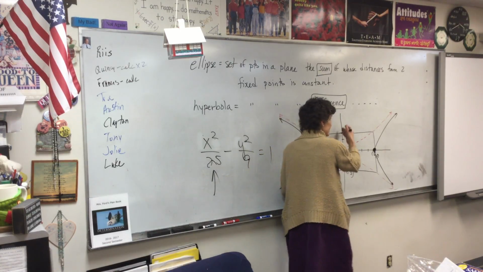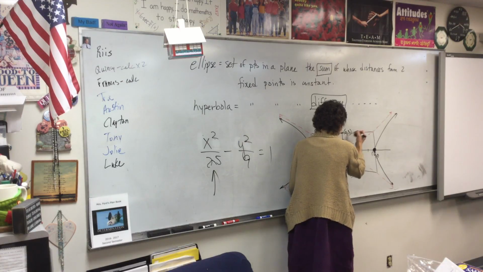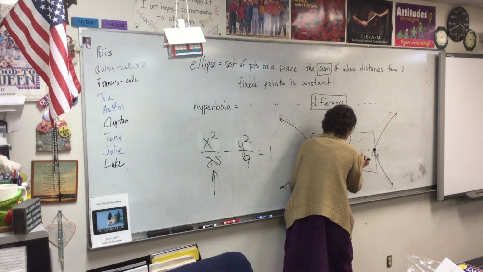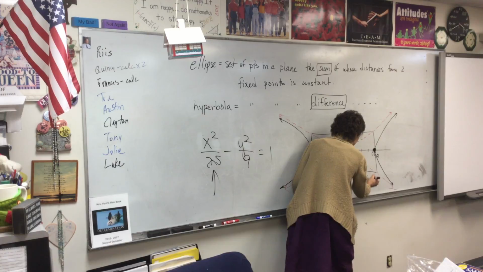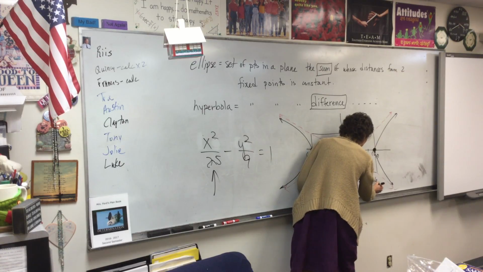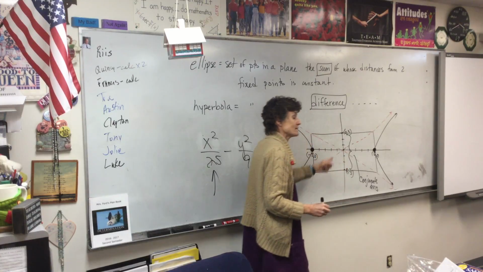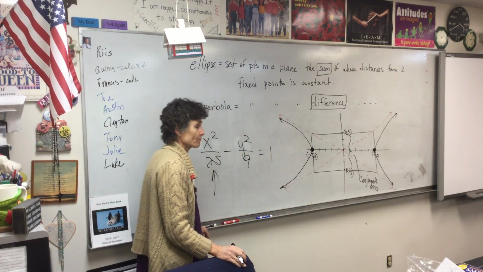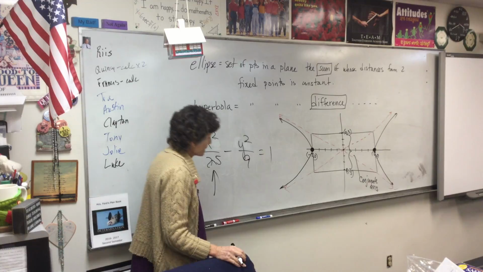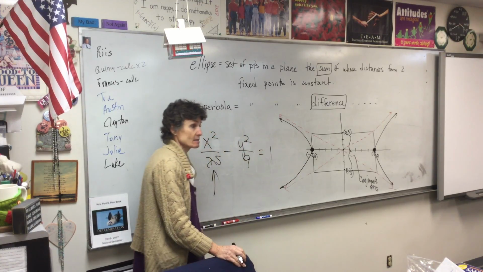This axis right here is called the conjugate axis. And so these points would be the endpoints of the conjugate axis. And the length of your conjugate axis is 6.